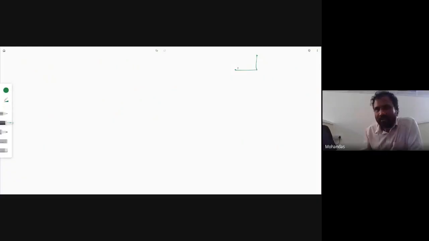Right angle triangle, again I am writing here. This is theta and this is Z and this is A. And this is cot theta equal to Z by A. Then Z equal to A into cot theta. And what will be the dz here?